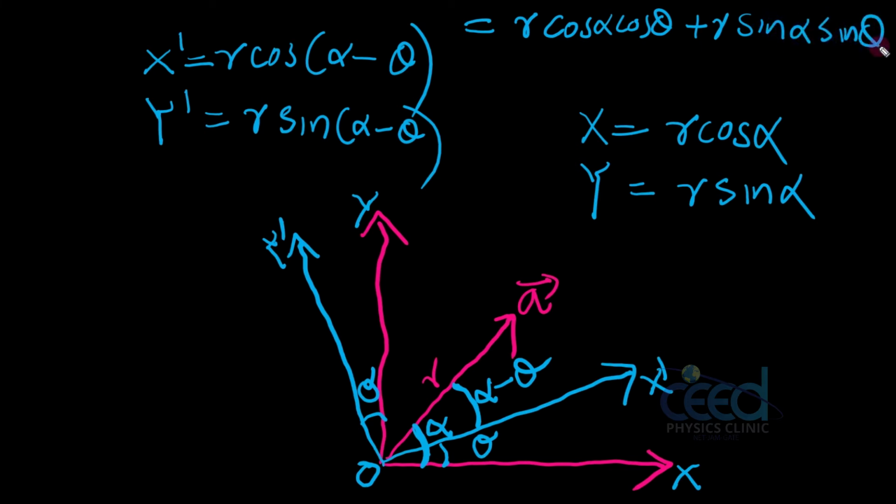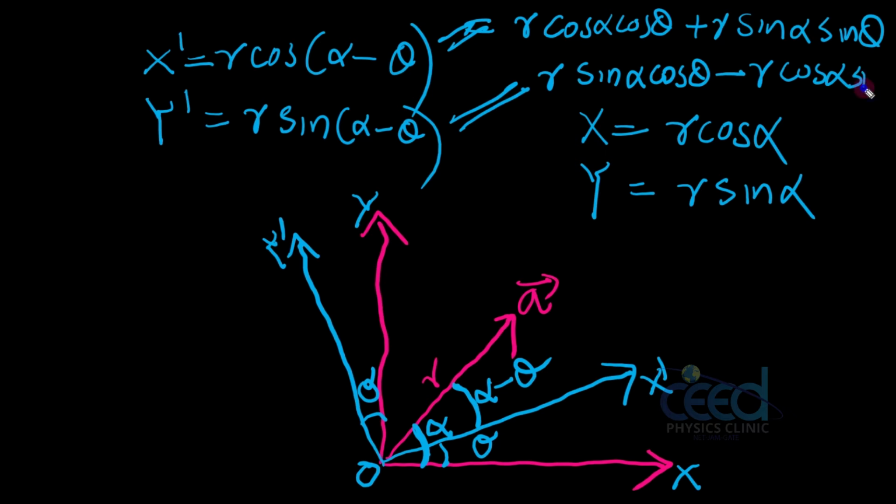And also I can write this y dash in terms of this. So r sin(a minus b) is sin a cos b minus cos a sin b, that is r sin alpha cos theta minus r cos alpha sin theta.